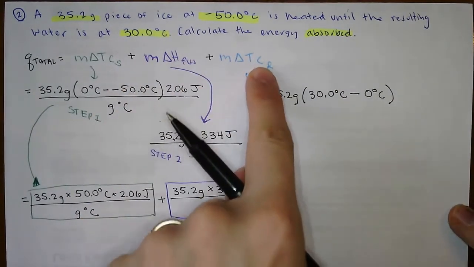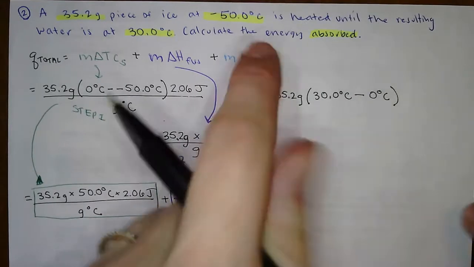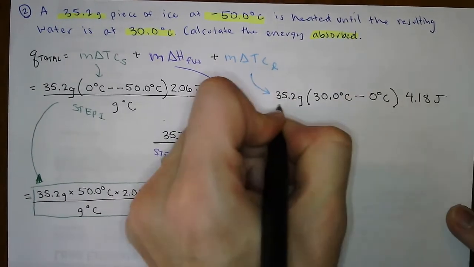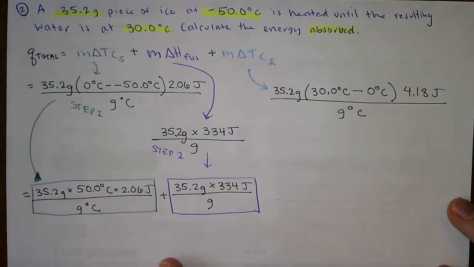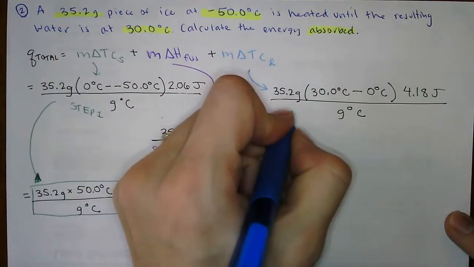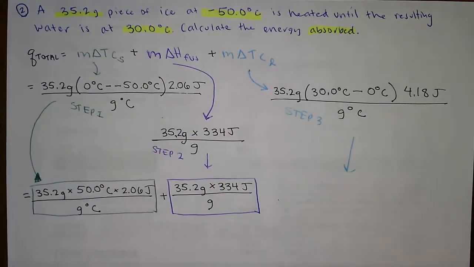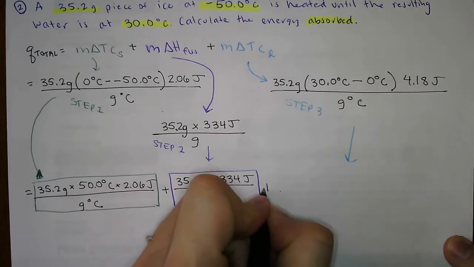And then C_l, for liquid water, is 4.18 joules per gram degree Celsius. Okay, so this will simplify. This is my step 3. I'm going to rewrite it down here and solve for delta T in there.